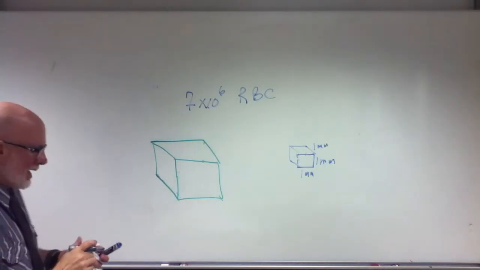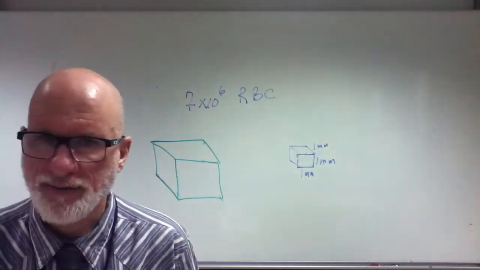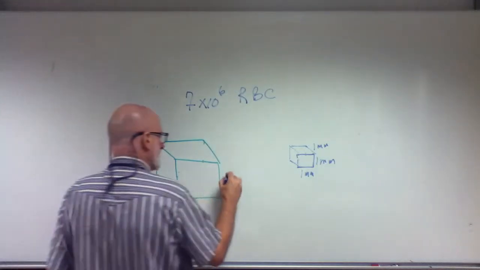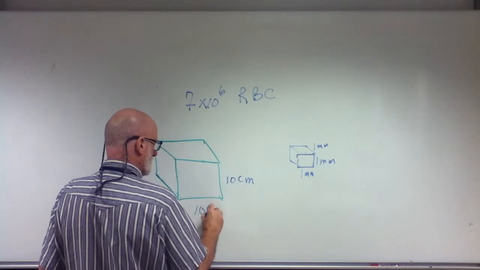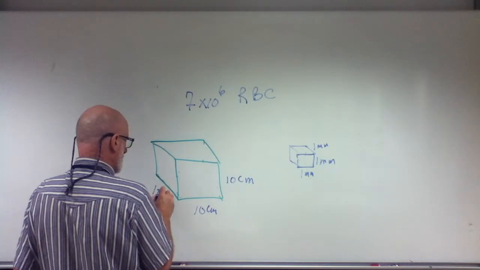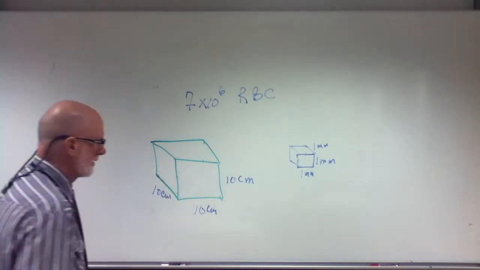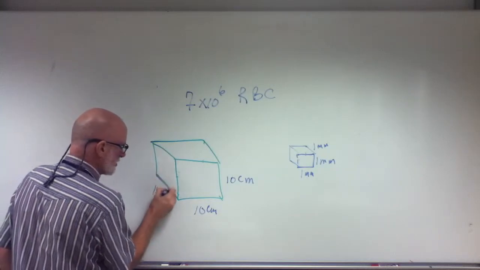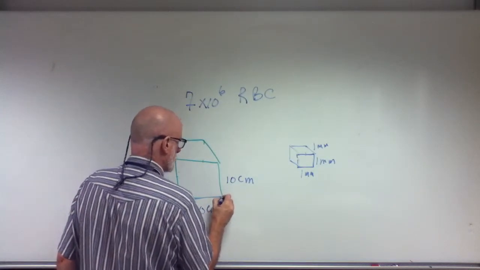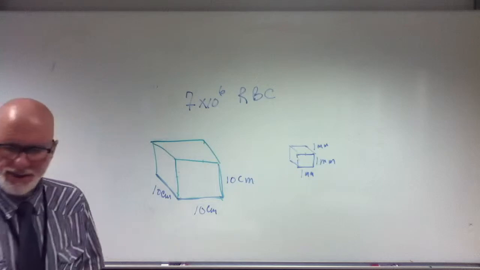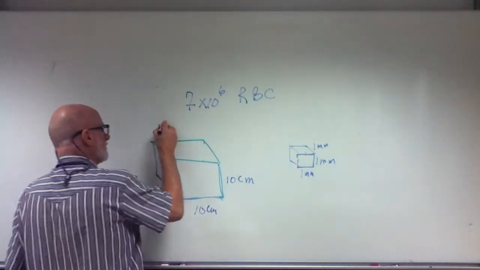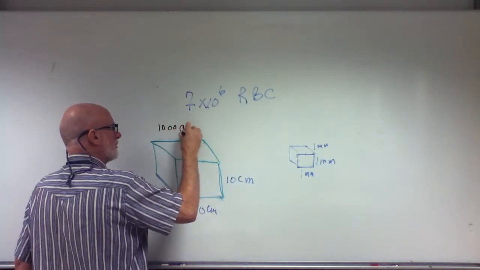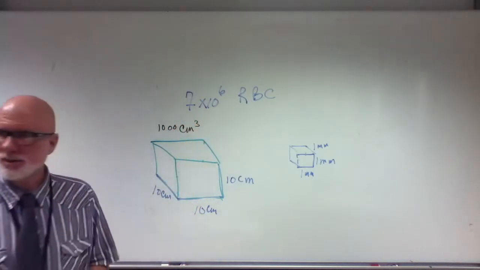Okay. I know that if I said this is 10 centimeters by 10 centimeters by 10 centimeters, so this dimension times this dimension times this dimension, that is going to be a liter, because that's 1,000 cubic centimeters, right?